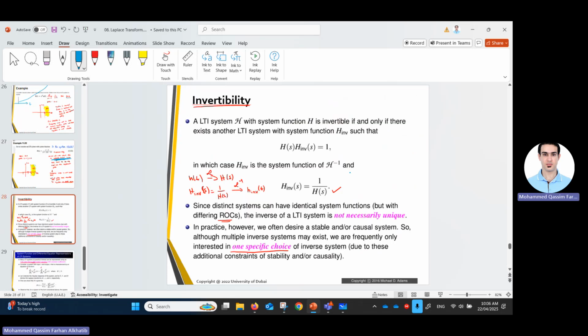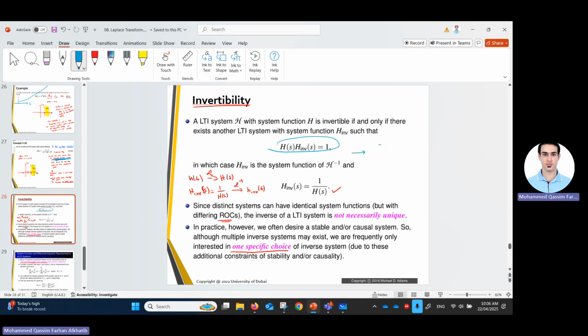All right. Invertibility is something easy. Invertible transfer function means that if you have a system with a certain transfer function, you find the other system such that when they are in cascade, or in series, the output will be 1. So it is something like this.